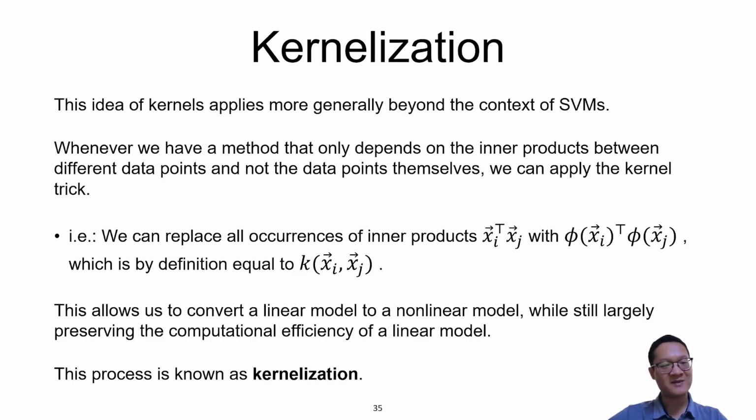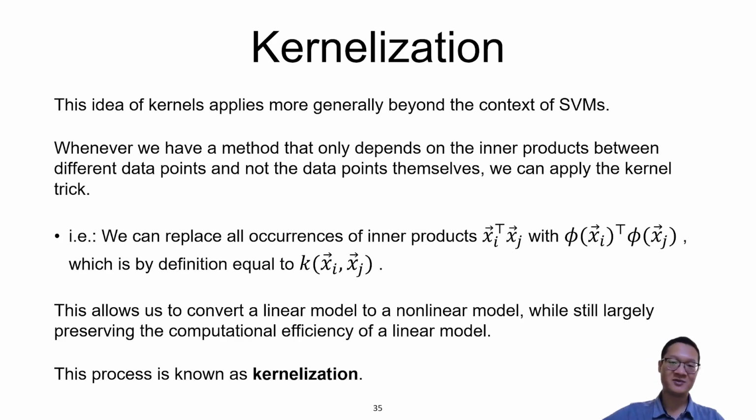I began mentioning this a few slides ago, but the idea of kernels applies more generally beyond the context of SVMs. It turns out that there are other methods where, when we write down the optimization problem, the problem only depends on the inner product between the data points and not the data points themselves.